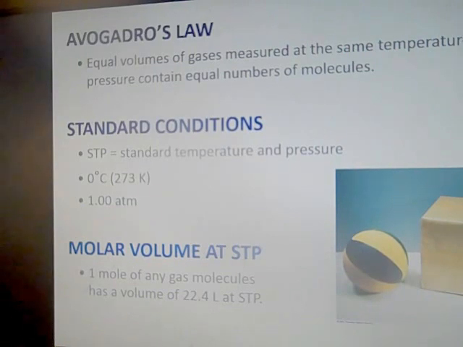So we know that if we have 1 mole of any compound, doesn't matter what the compound is, could be oxygen gas, methane gas, propane gas, anything, if we have 6.02 times 10 to the 23 molecules of it, it will always occupy 22.4 liters at standard temperature and pressure, meaning pressure at 1 atmosphere and at 0 degrees Celsius. So we know that that's always true, no matter what the identity of the material is. If it's in the gas phase, that's true.